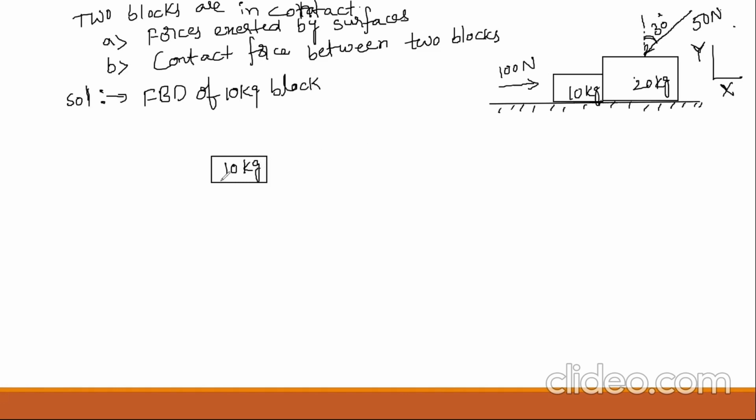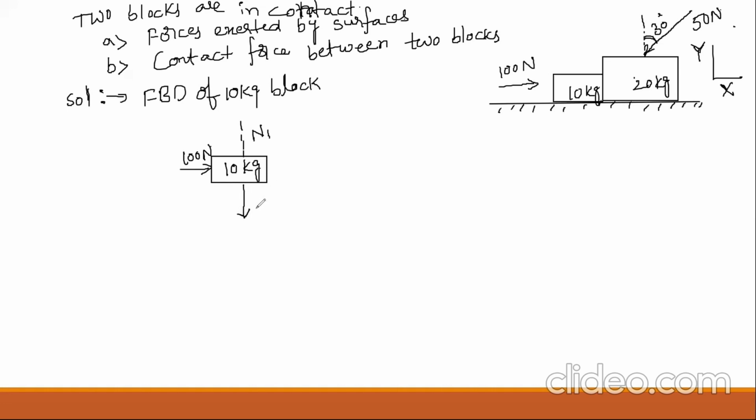So here this is the 10 kg block. From this end, 100 Newton is acting. And you know that there will be a perpendicular force. What is the perpendicular force acting on the 10 kg block? Can you guess? Yeah, very good, it is the normal force. Can I take this as N1? Now, which is the downward force acting?